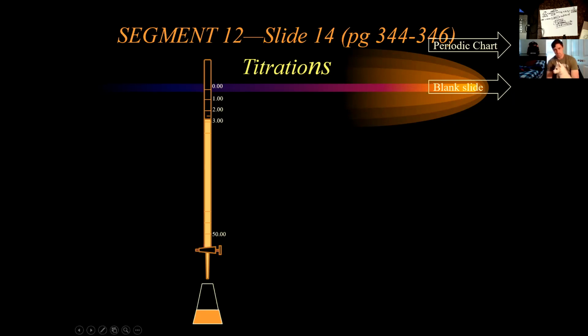If it's turned straight down like that, the solution runs through very rapidly. If you turn it 90 degrees to that, you close off and nothing flows. So you can regulate how fast liquid is coming out with your left hand.